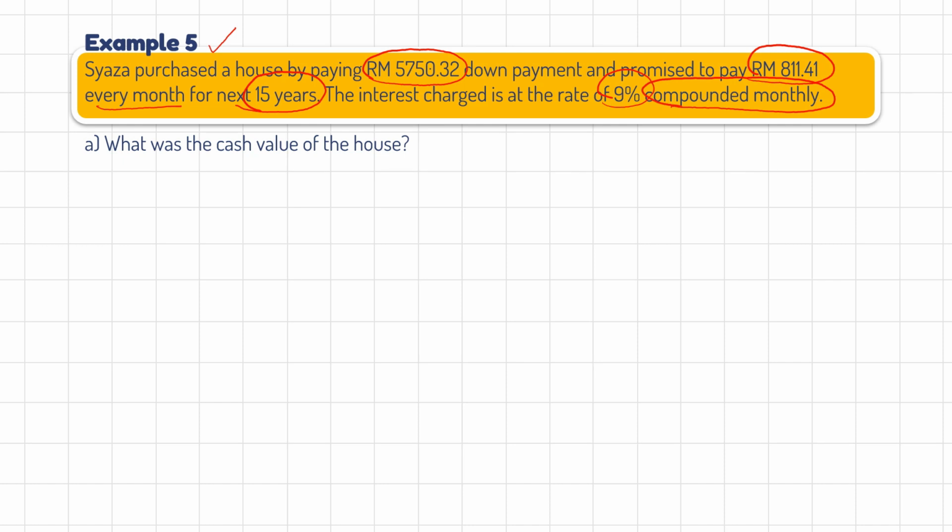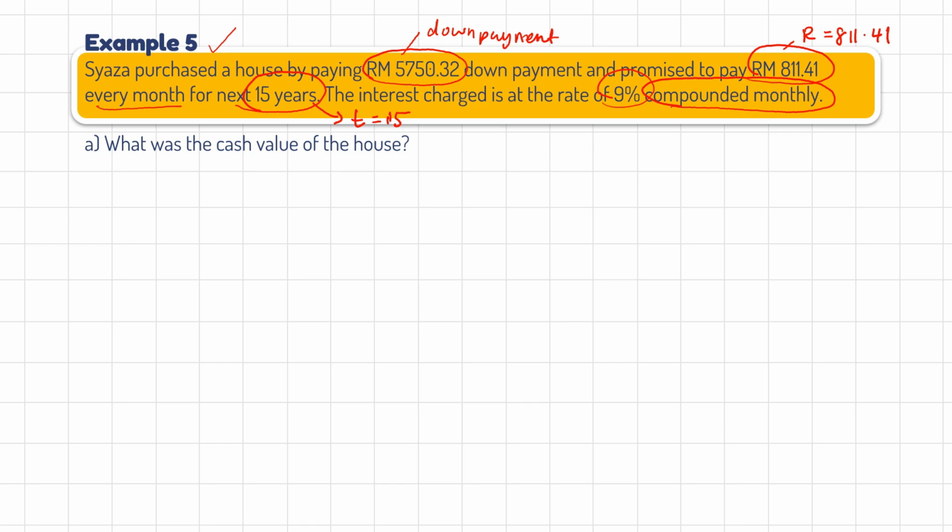So this is the down payment. And then we have 811 and 41 cents, the amount that she needs to pay every month. So this is the periodic payment, represented by capital letter R equals 811 and 41 cents, because the keyword is every month. So this is the periodic payment for the next 15 years, so our T is equal to 15.